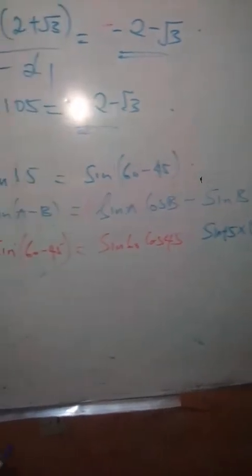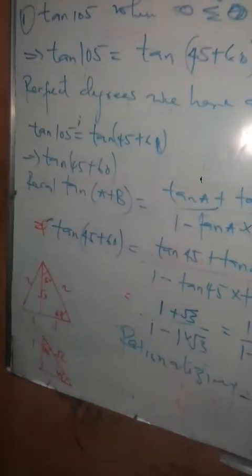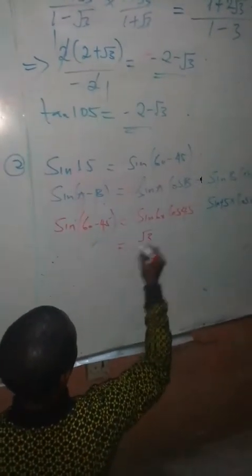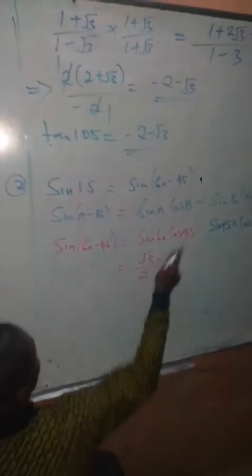And from here, sine 60 is opposite over hypotenuse, which is root 3 over 2. So we have root 3 over 2, and this is multiplied by cos 45.